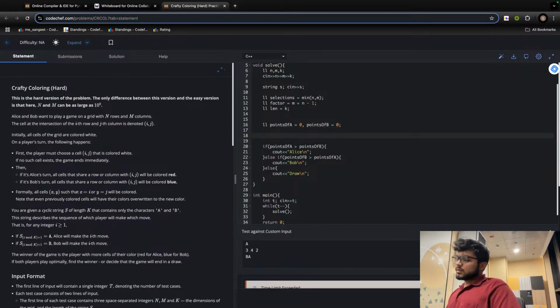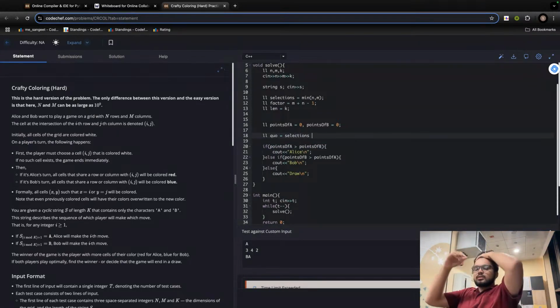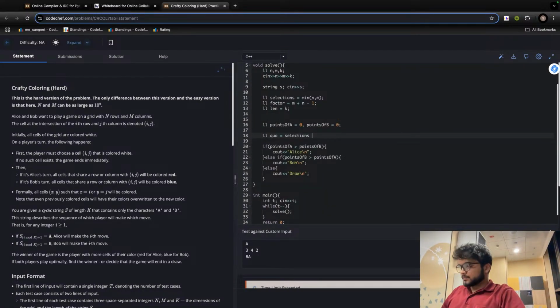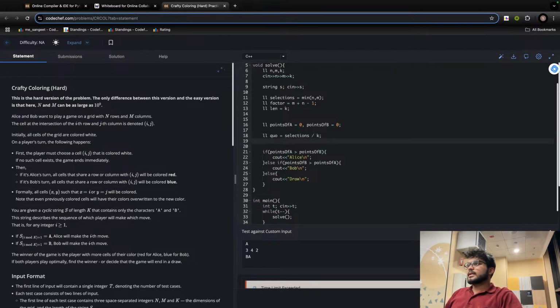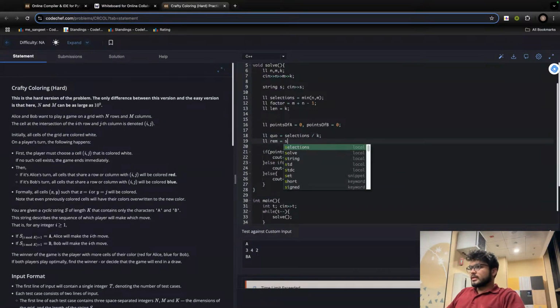So first let's try to find out the quotient. Quotient is what? The number of selections that needs to be made, divided by k. What will be the remainder?